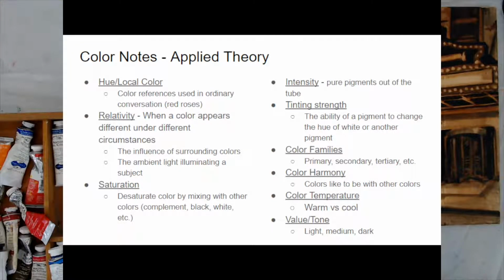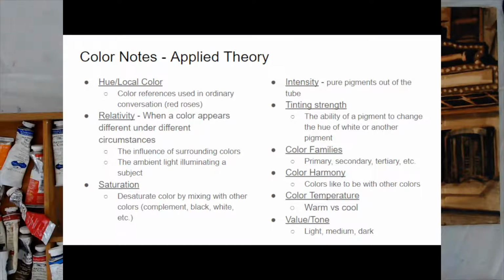Intensity is pure pigment out of a tube. It's the brightest it's going to be. Tinting strength is the ability of a pigment to change the hue of white or another pigment. There are some colors that, in order to tint white or change another color, you only need a little bit of.